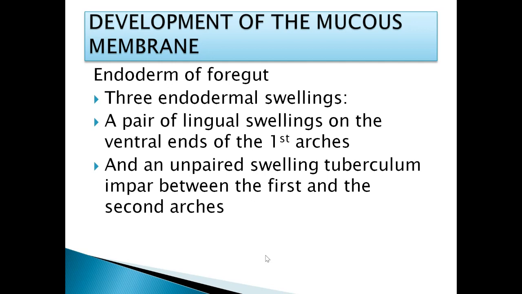When the pharyngeal arches are developing and before they meet with their opposite side pharyngeal arches, three endodermal swellings appear in the endoderm of the foregut.